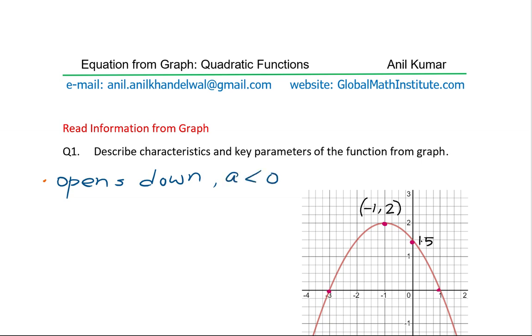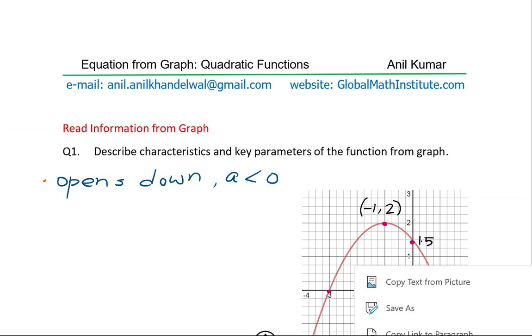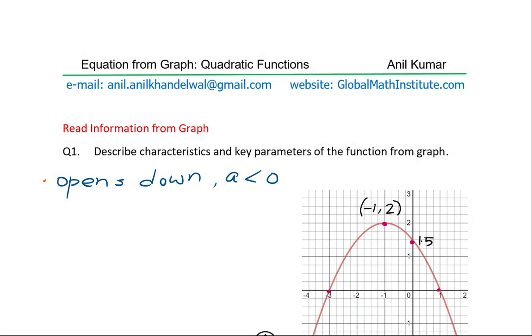It is negative. The second characteristic is that it has its vertex at -1, 2. So that means that the maximum value is 2.